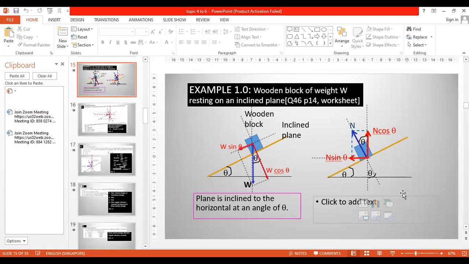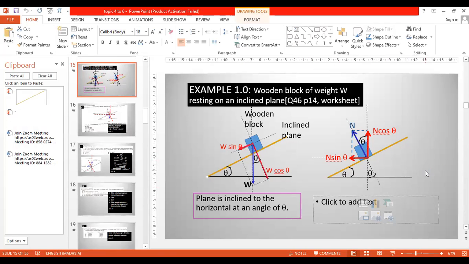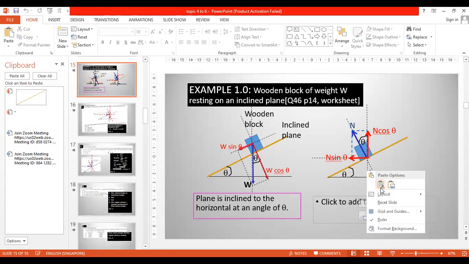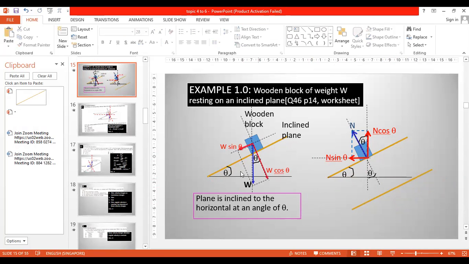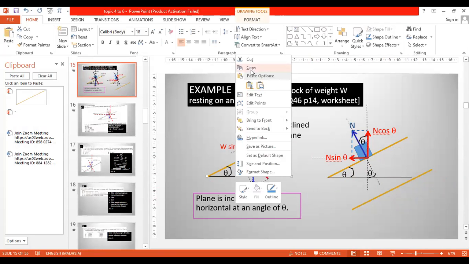Basically, let me just go over with you. There's your rod. You've done that already. If you can remember like that, it's easier.